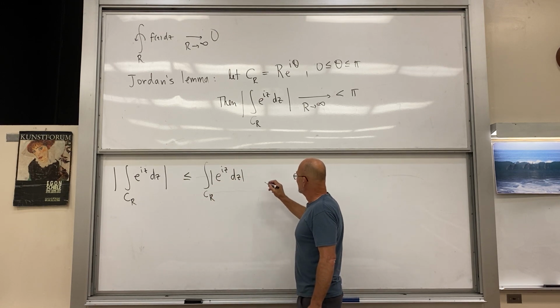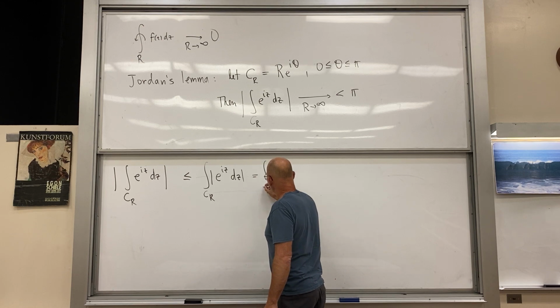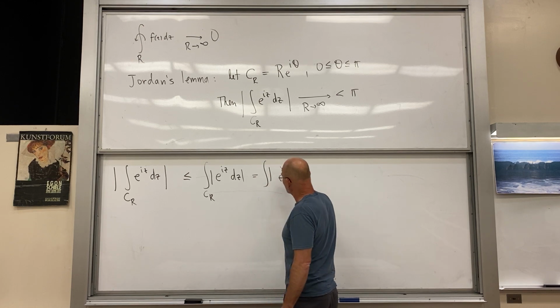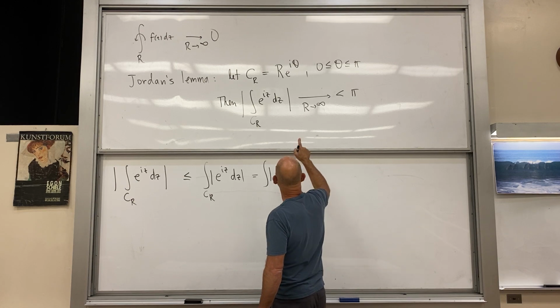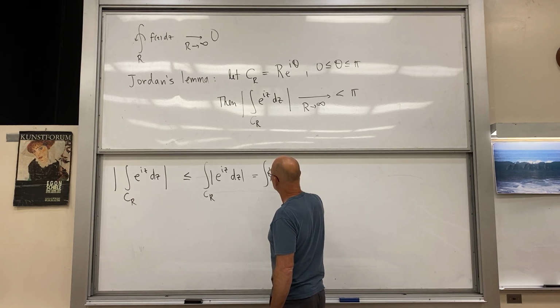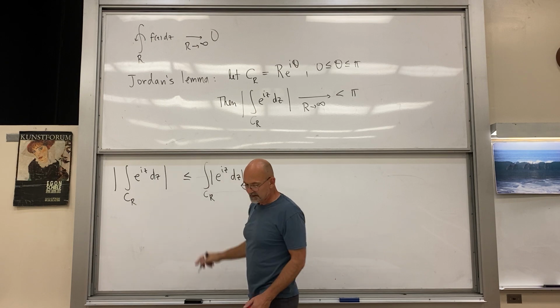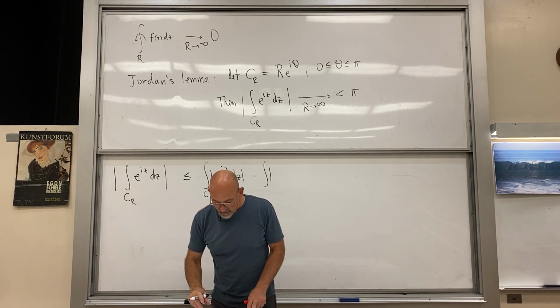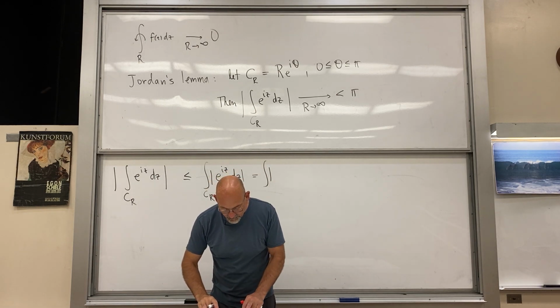Okay. So now let's look at what this is. We're looking at the absolute value of e to the iz. Hold on, the dz there.